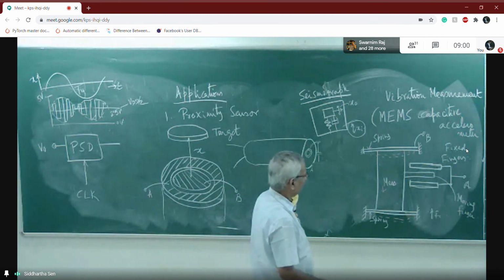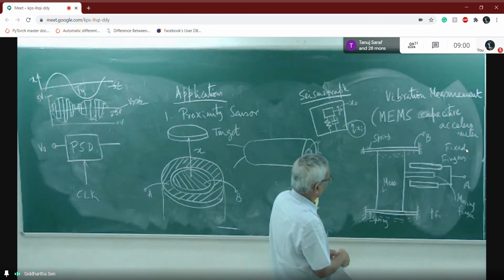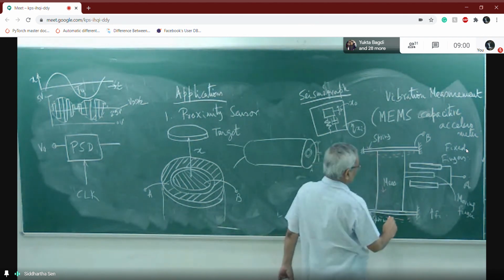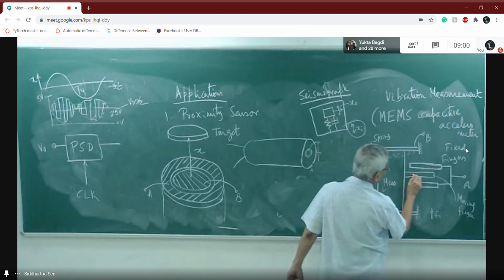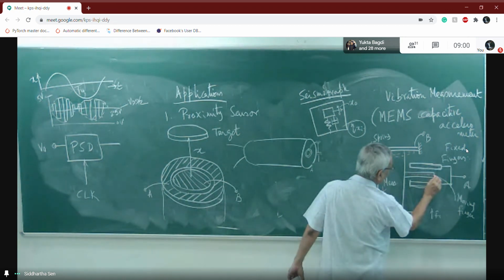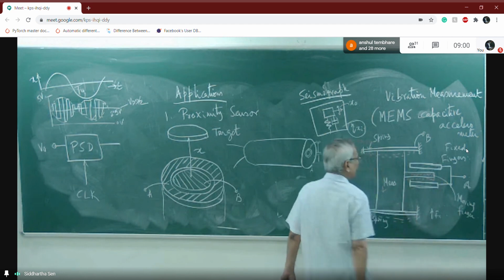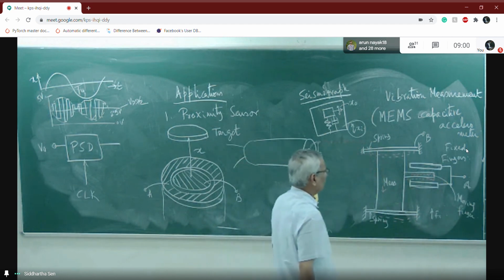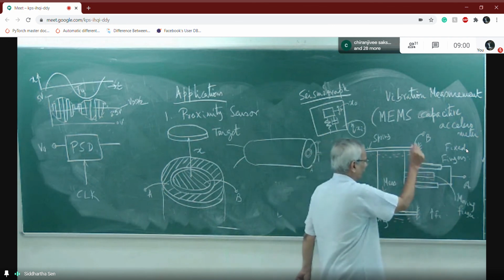So what will happen if there are two fixed fingers here, and the mass goes down? This moving finger will come below.